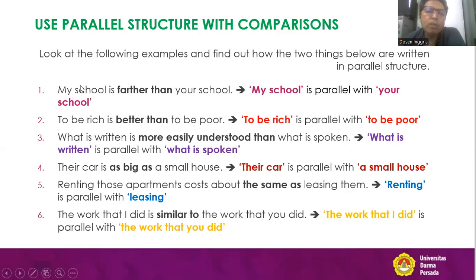But make sure when we are comparing, the two things are supposed to be parallel. Parallel means they are in the same format or the same form.